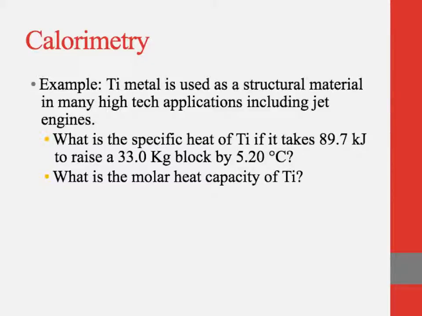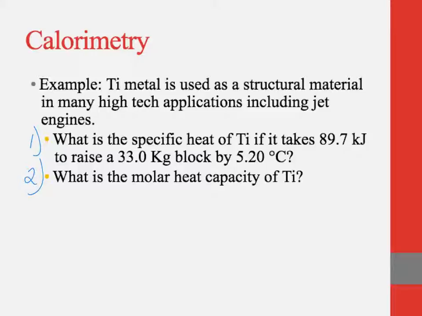Next problem. Ti metal is used as a structural material in many high-tech applications, including jet engines. What is the specific heat of Ti if it takes 89.7 kilojoules to raise a 33 kilogram block by 5.2 degrees Celsius? This is the first part, and then they want the molar heat capacity.